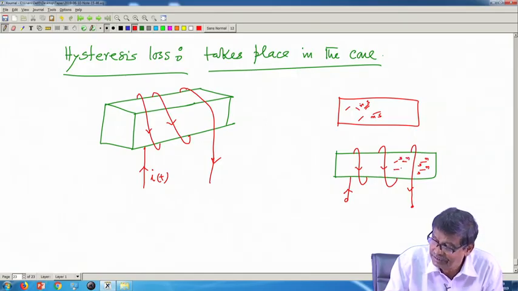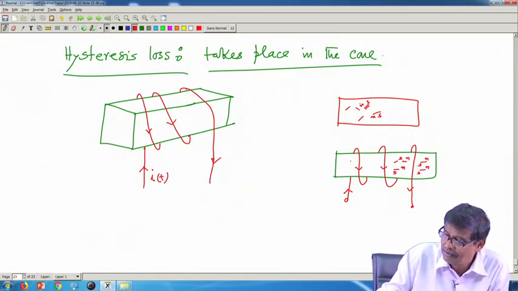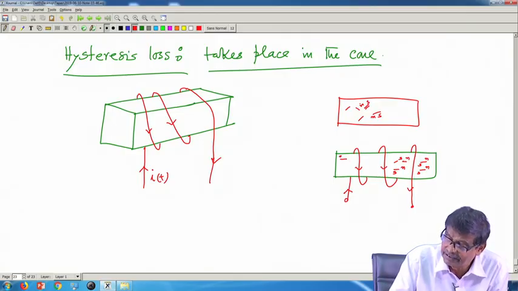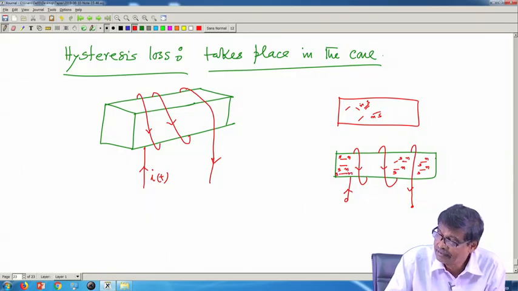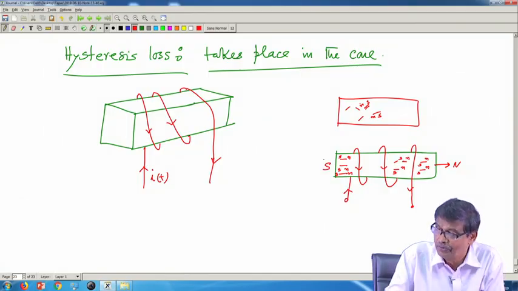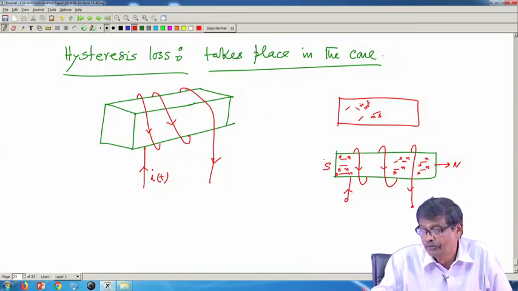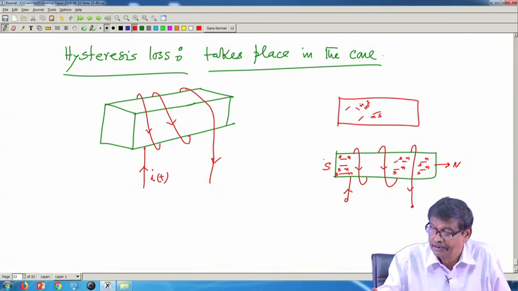So, if you pass sufficiently large current, at the end all tiny magnets will be moved like this, such that this will become a north pole and this will become a south pole. That is how we are taught in school how to make a soft iron piece a permanent magnet, an electromagnet, north south.